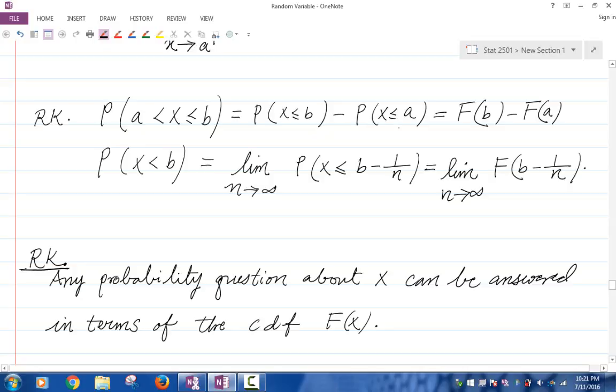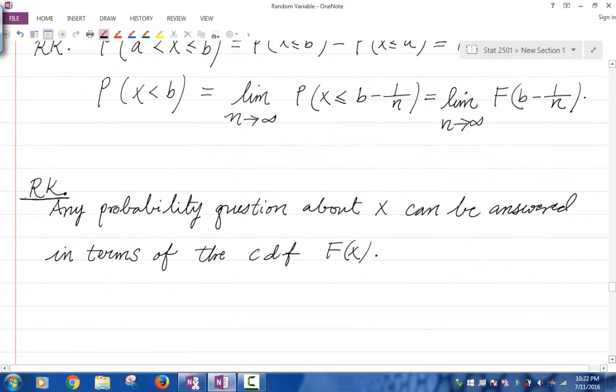What's the probability that X is strictly less than b? Well, I can say it's the limit as n goes to infinity of the probability that X is less than or equal to b minus 1 over n, which is the same as the limit as n goes to infinity of the CDF function F evaluated at b minus 1 over n.